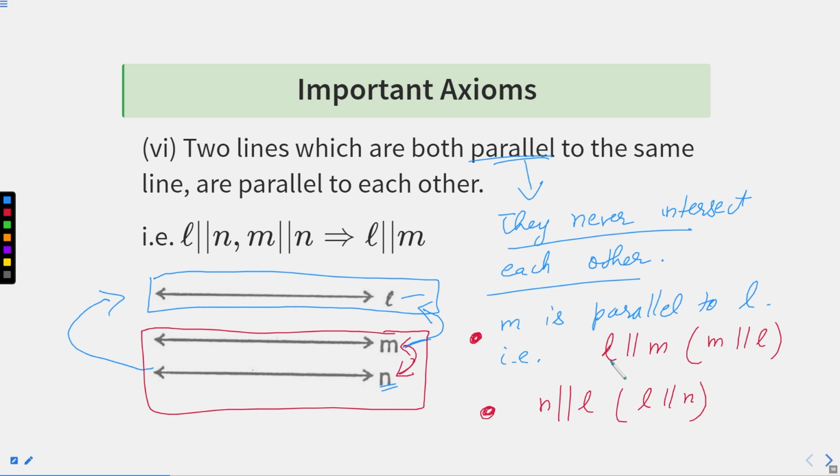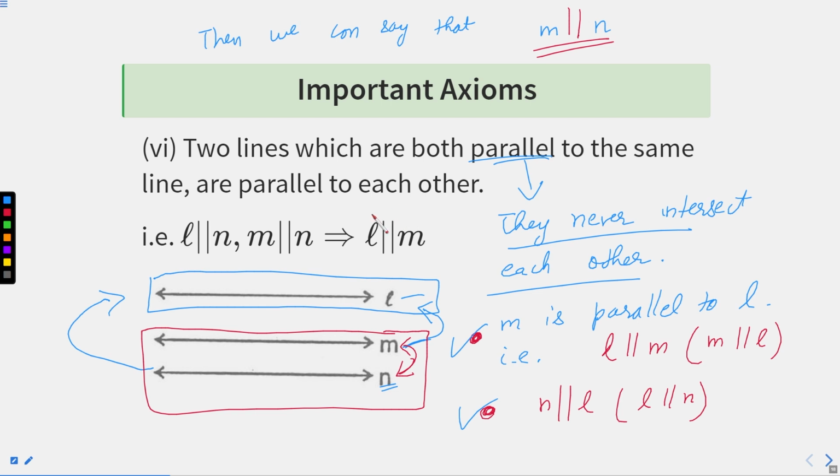So if this is given, then we can conclude that M and N both are parallel. I hope this is also clear.